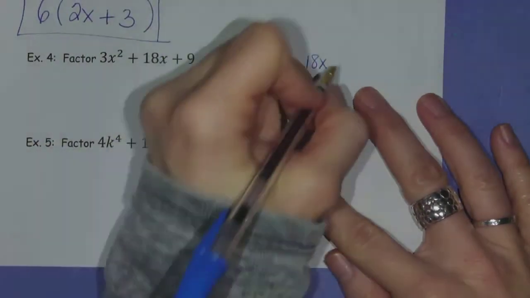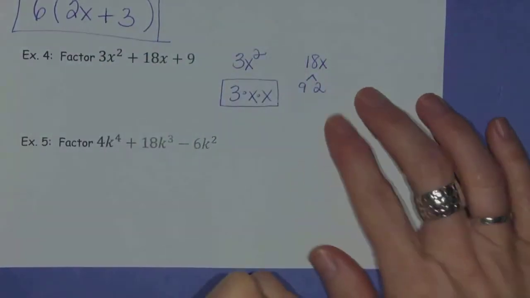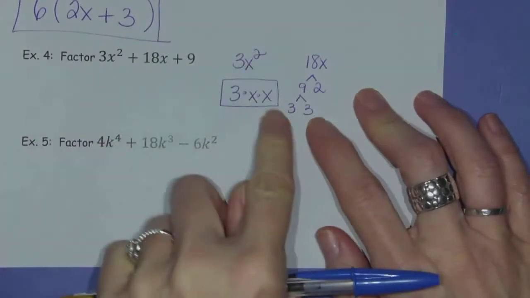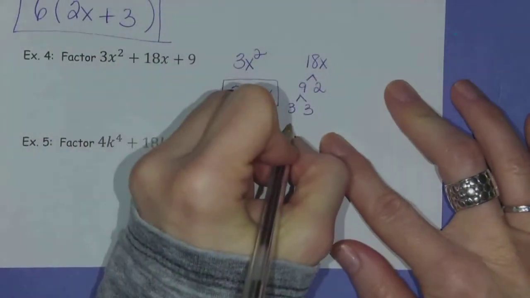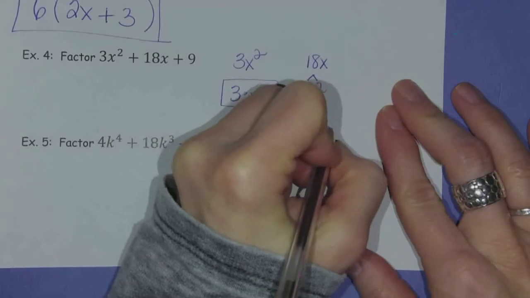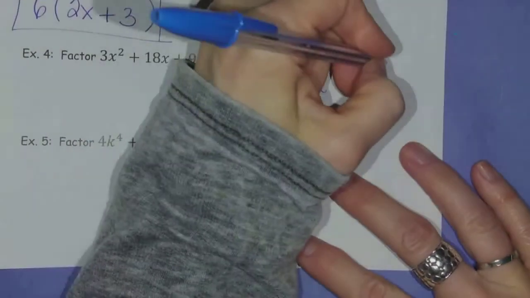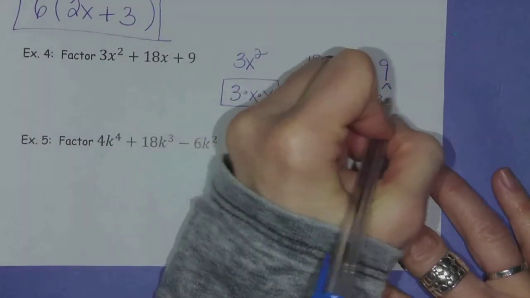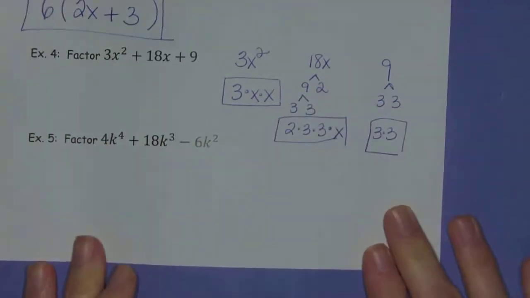Well, 18 can be written as 9 times 2. 2 is prime. 9 is 3 times 3. They're both prime. So 18x, written as a product of prime factors, is 2 times 3 times 3 times x. There's that x. And last but not least, the third term here is 9. And 9 as primes is simply 3 times 3. So there you have it.